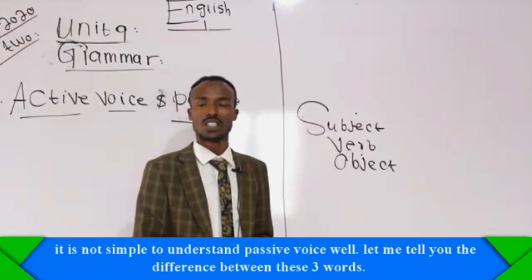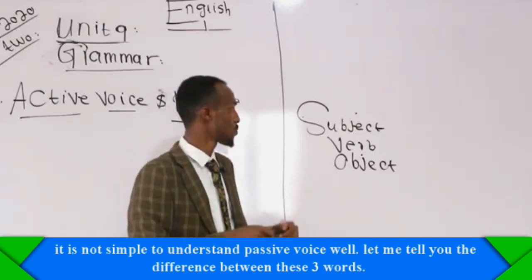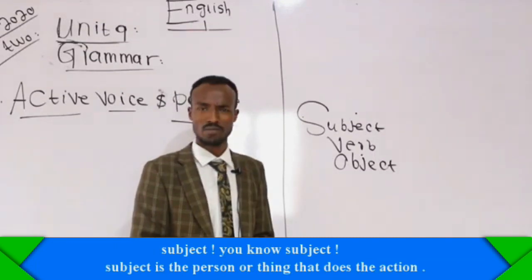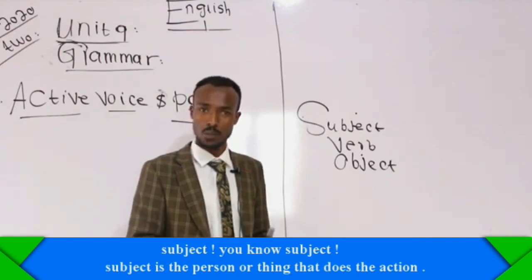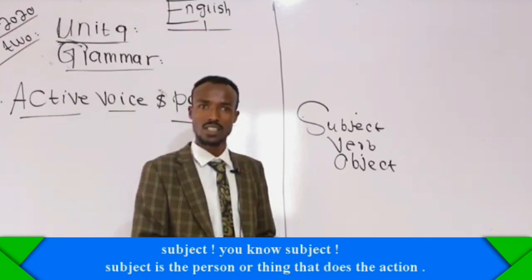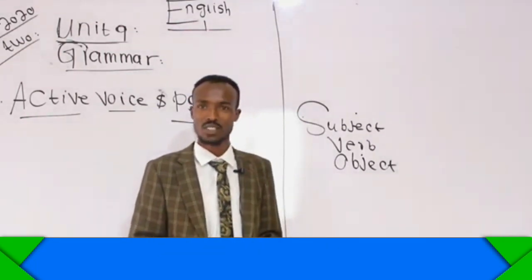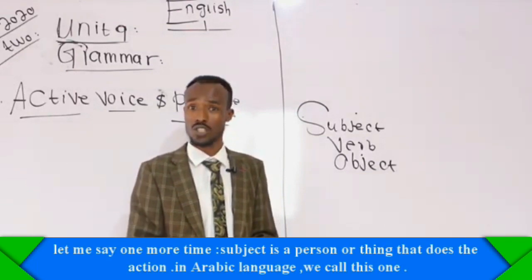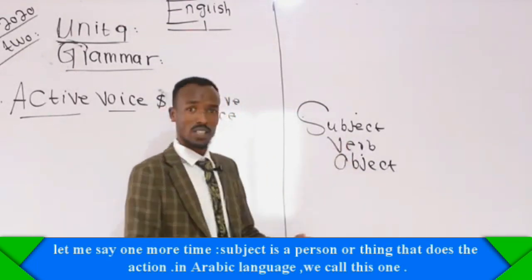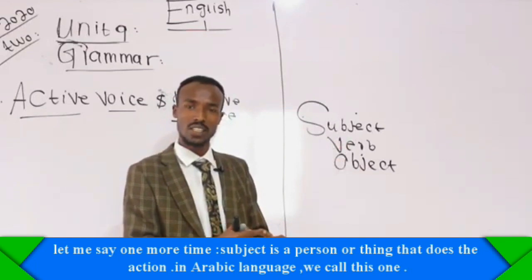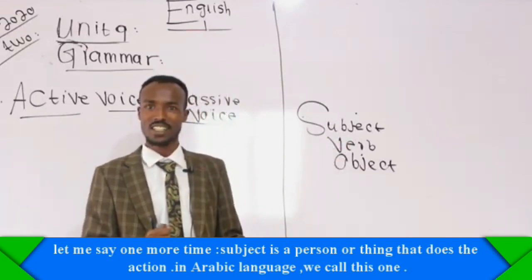Let me tell you the difference between these three words. Subject, you know subject. Subject is a person or thing that does the action. Let me say one more time. Subject is a person or thing that does the action.